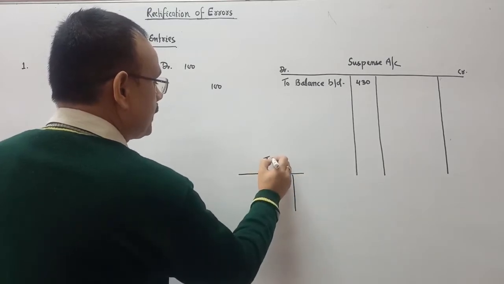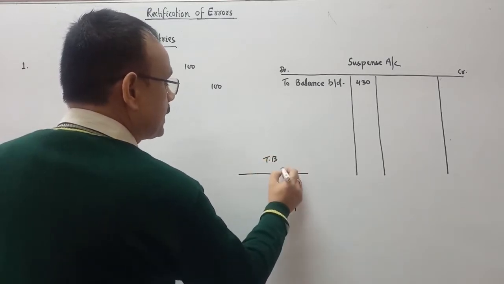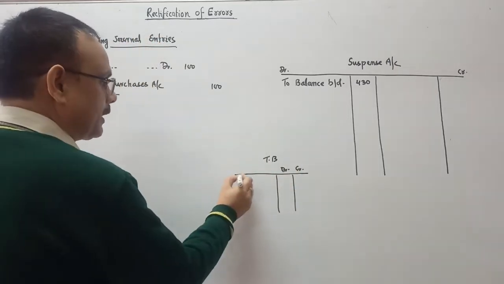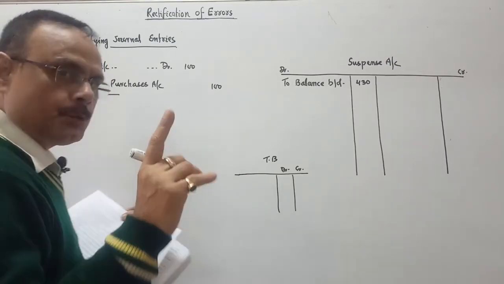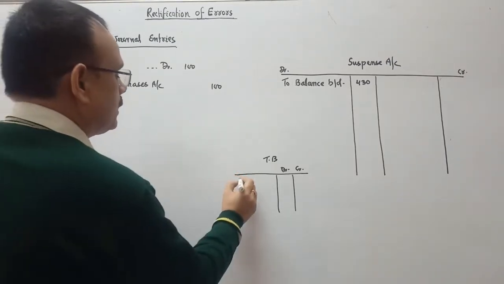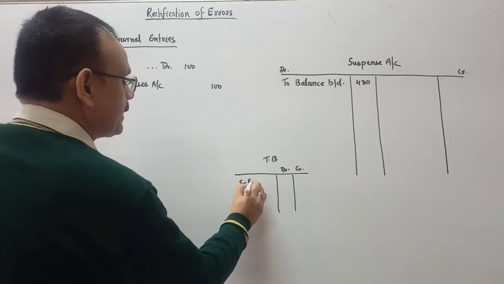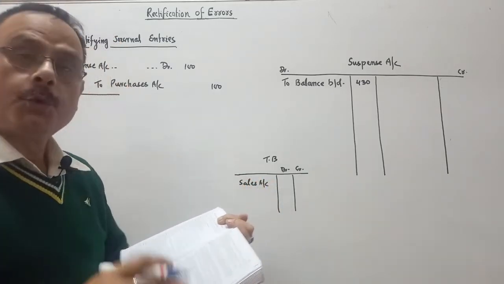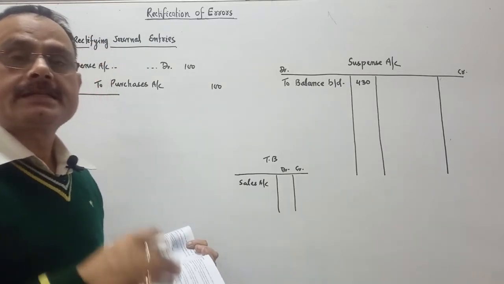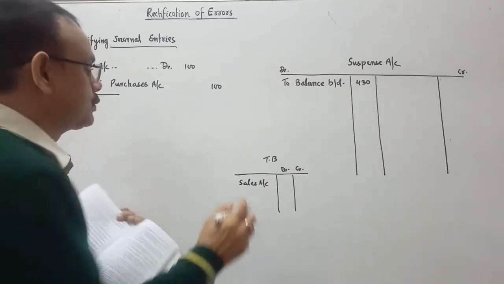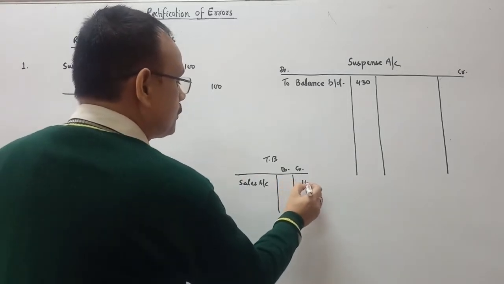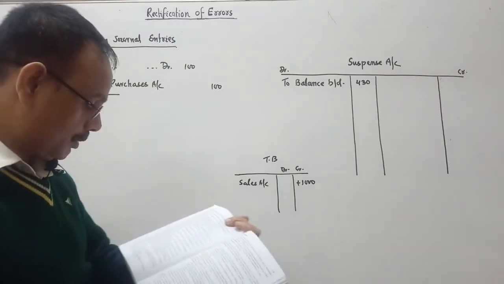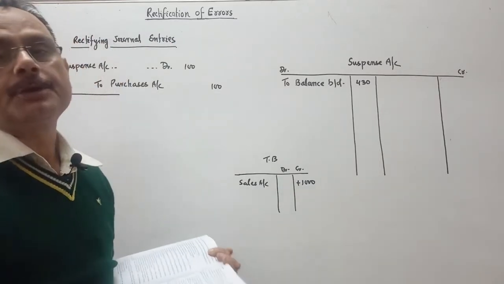This is the debit, this is the credit side of the trial balance. So sales book total is transferred to sales account, and as it is overcast by rupees 1000, sales account has a credit balance. So on the credit side it is 1000 rupees more, because it is overcast by rupees 1000.